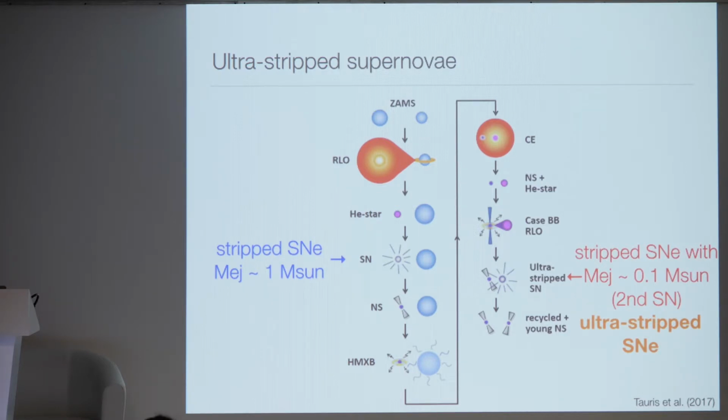So to keep the binary system even after the supernova explosion, this explosion shouldn't have much ejecta.